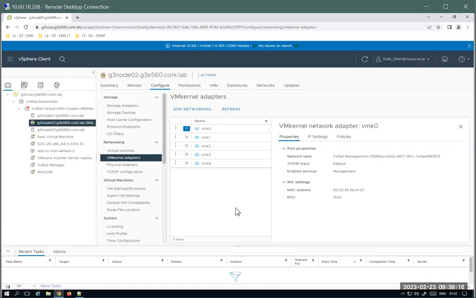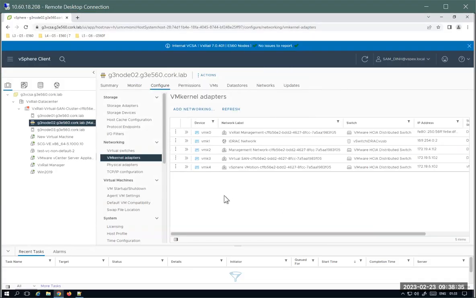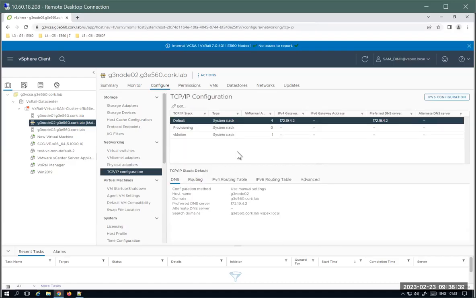VMK0 is for IPv6 only. Do you remember? For Loudmouth only, for discovery and unicast only. So here is the real management network.